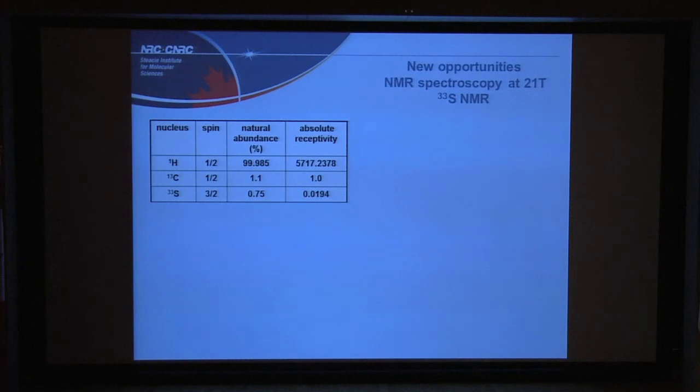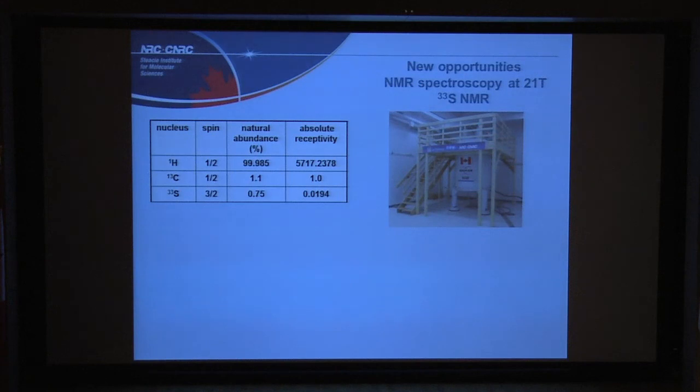Carbon-13 is now a fairly routine tool for using in NMR spectroscopy. But just recently, we've been able to use NMR to look at sulfur-33. It's a quadrupolar nucleus, which means it's difficult. The natural abundance is even less than that, and the receptivity is another factor of 20 or so less, 50 or so less than for carbon.